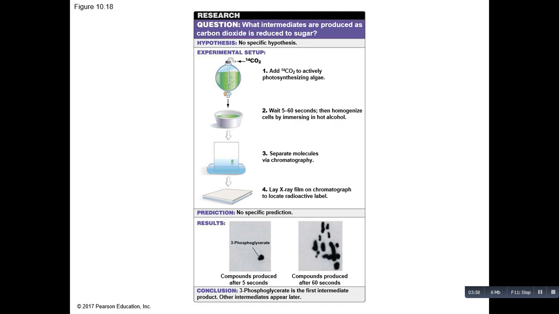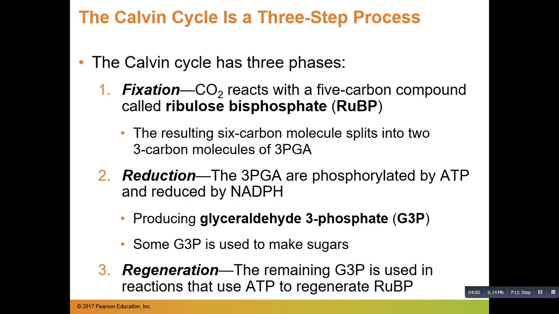Now what you do need to know is that the Calvin cycle has 3 phases: fixation, reduction, and regeneration. Now typically the Calvin cycle is going to fixate a carbon dioxide with a 5-carbon compound.